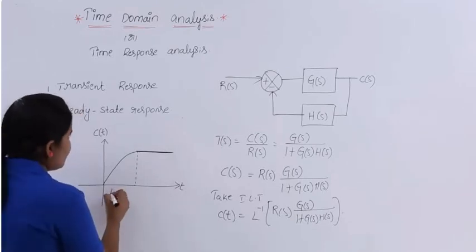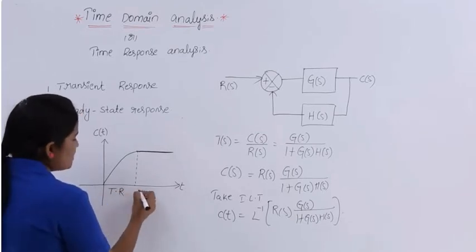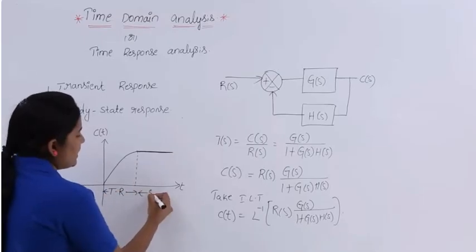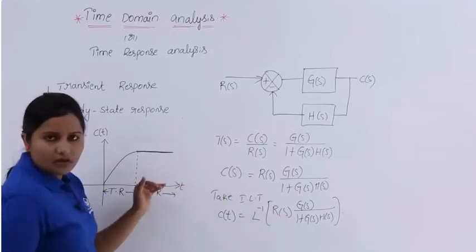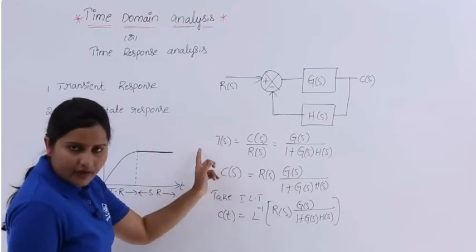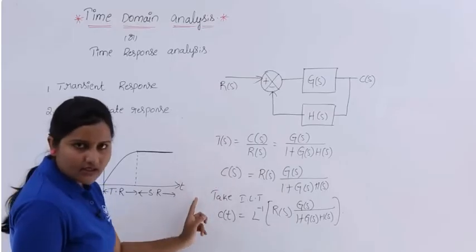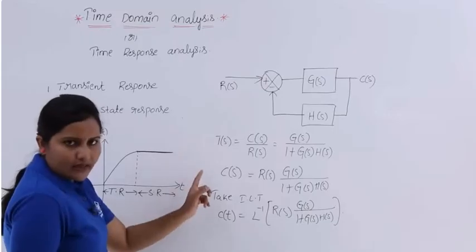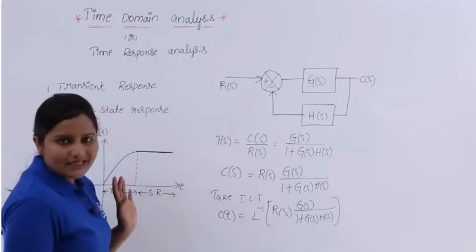The part from here to here is called the transient response of the system. The steady state response of the system is from here, where you reach this constant value, onward. Up to that point, it is the transient response, and after that, it is the steady state response.